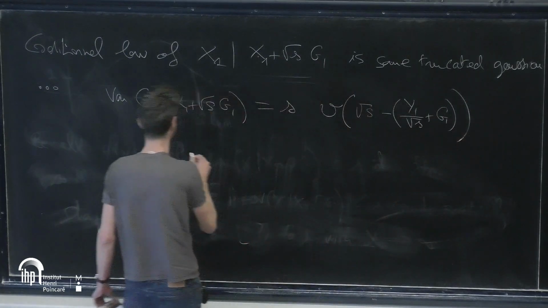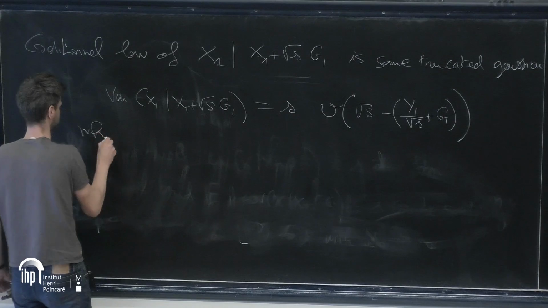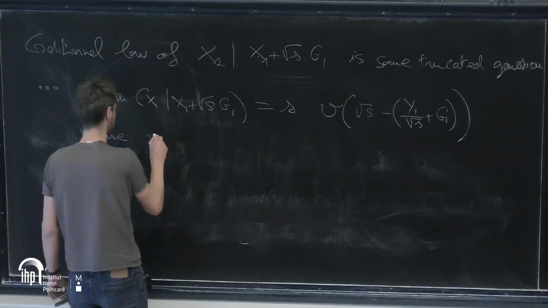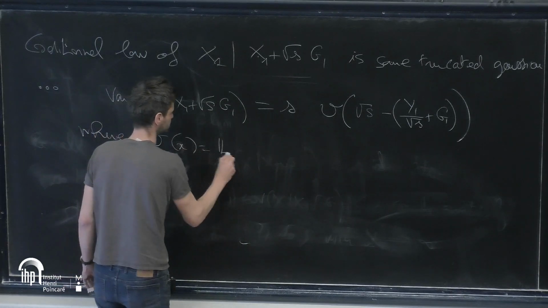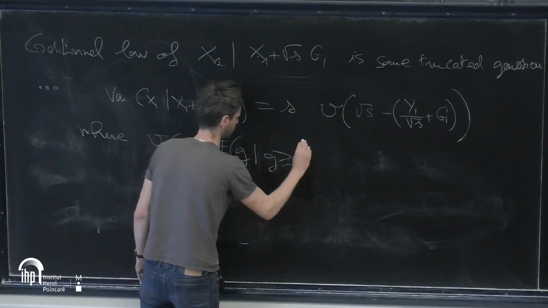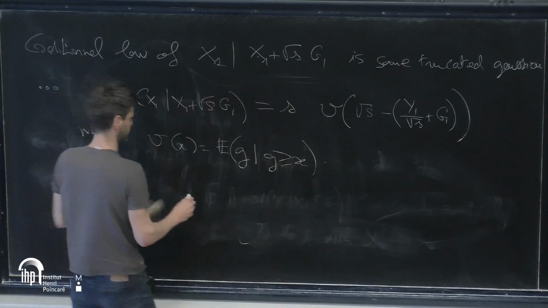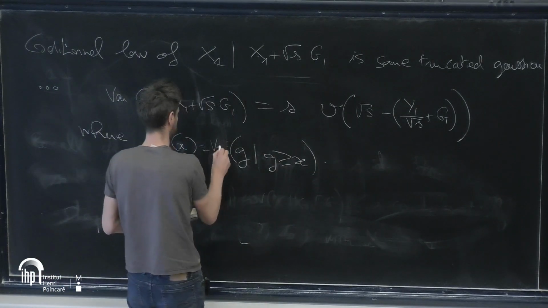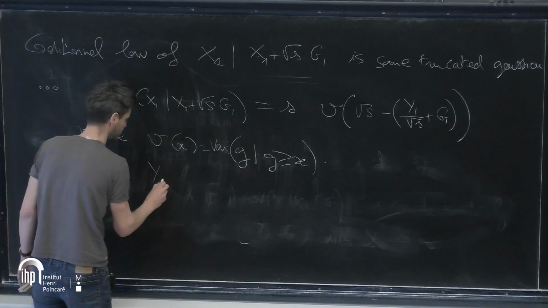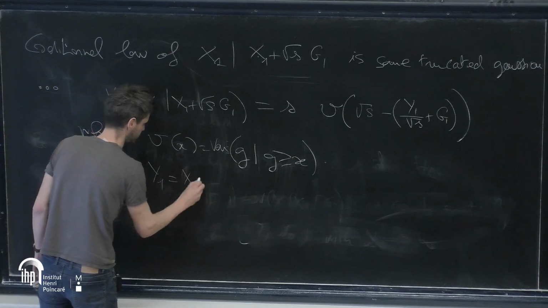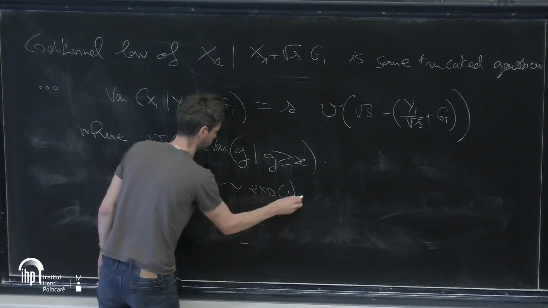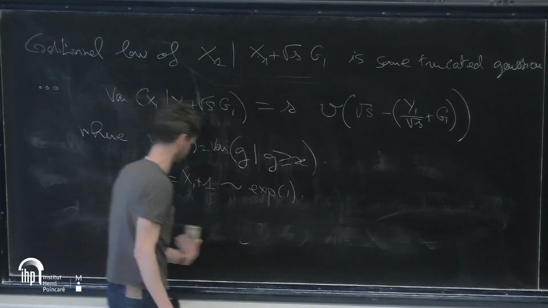So v of x is this function, and y1 is x1 plus g1.